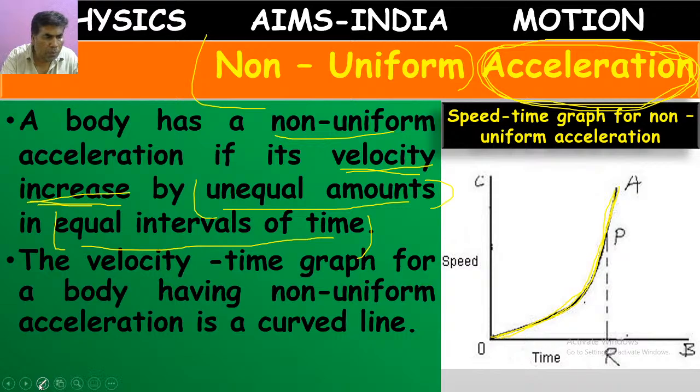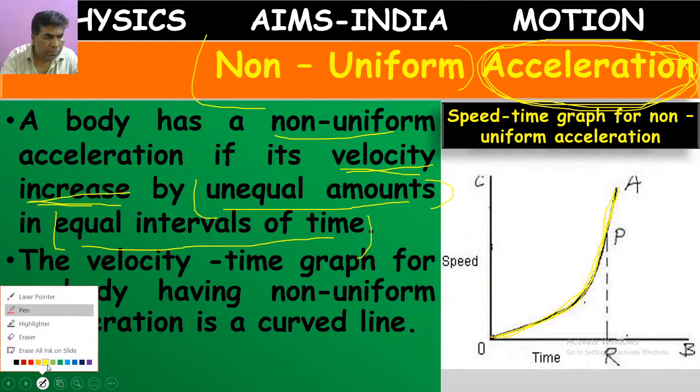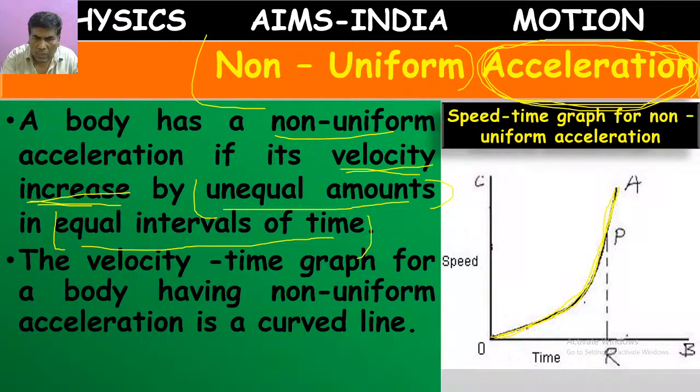Here, at 1 second velocity may be 5. At 2 seconds velocity is 7. At 3 seconds velocity is 10. At 4 seconds velocity or speed is 20.